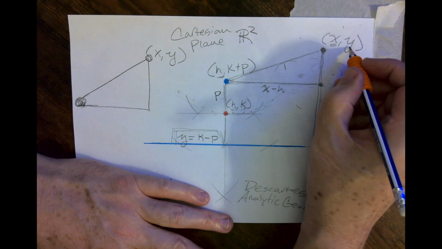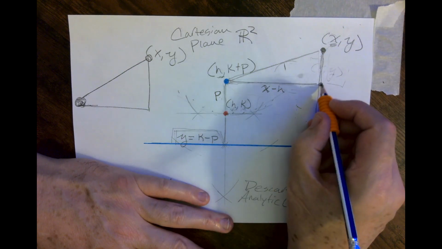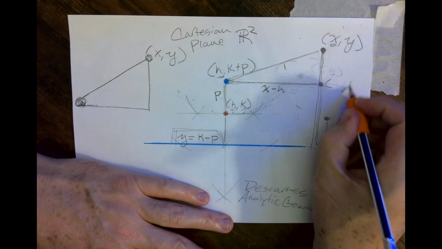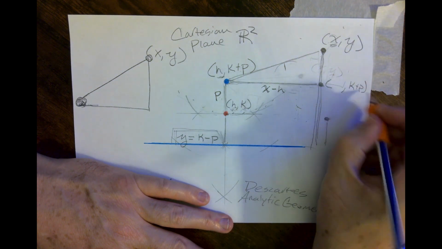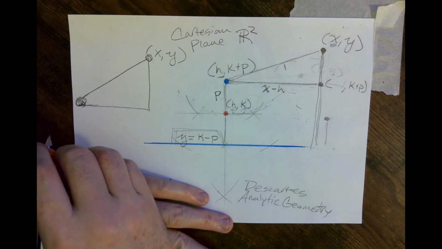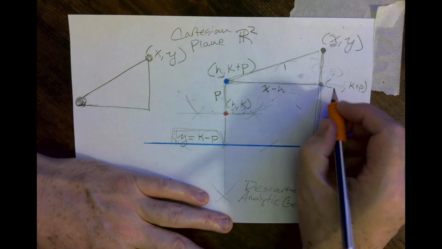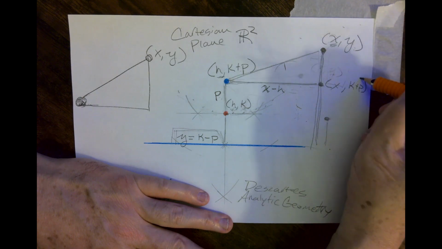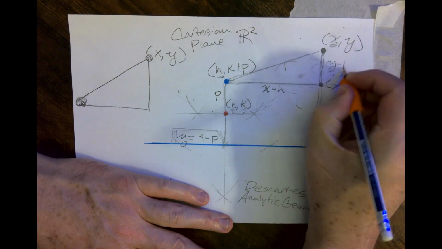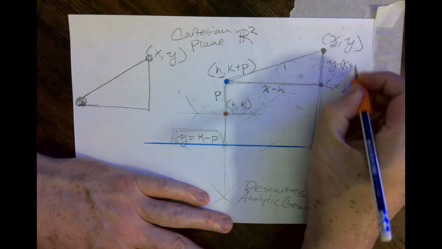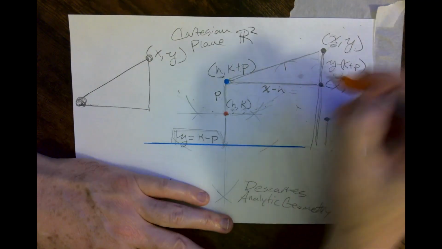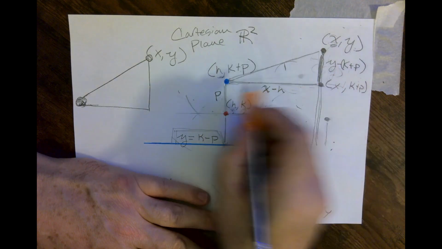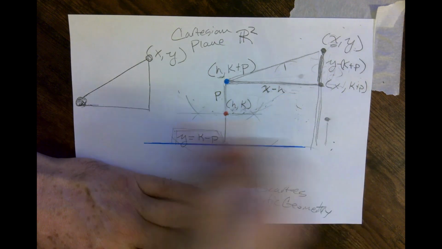Okay. From here, we know that this point here has a y value, k plus p. So y minus (k plus p). That's this leg of the right triangle. This leg is x minus h.